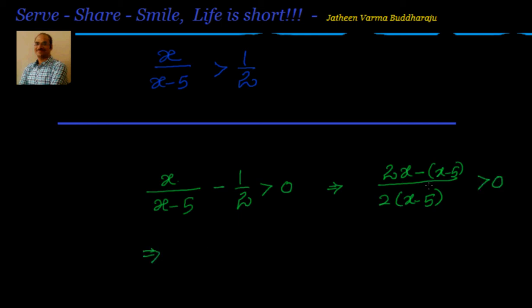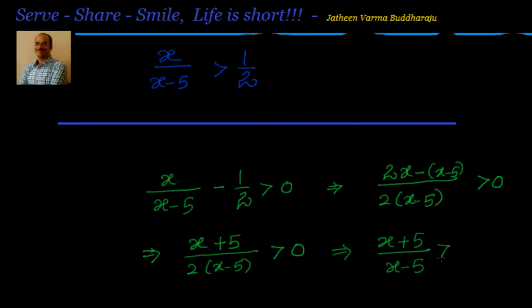This is nothing but 2x minus x is x, minus of minus is plus. So you will have x plus 5 by 2 into x minus 5 greater than 0. Now, if x plus 5 by 2 into x minus 5 is greater than 0, automatically when you multiply by 2 also, it should be greater than 0. This also tells me x plus 5 by x minus 5 is greater than 0.